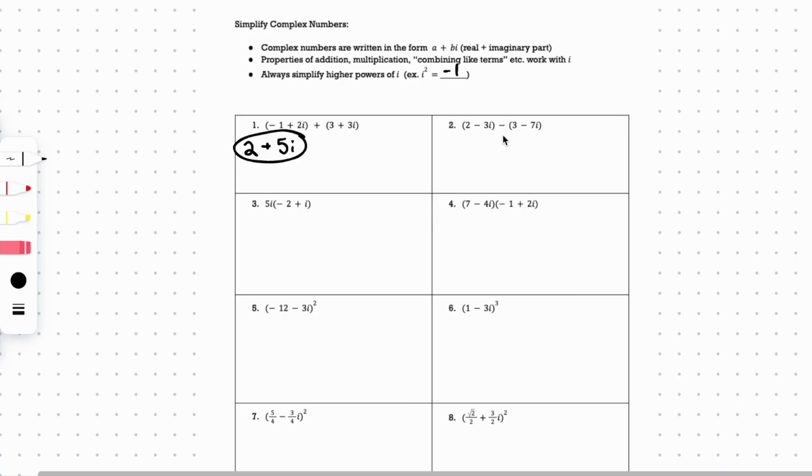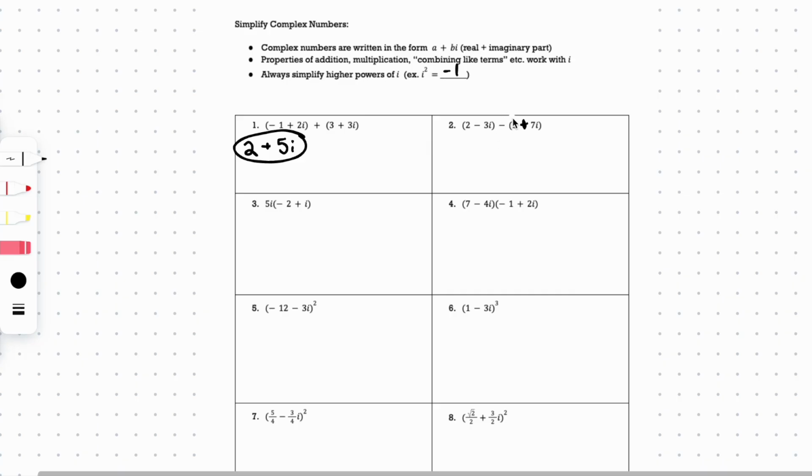In this case, we have 2 minus 3i minus, in parentheses, 3 minus 7i. When we have a negative sign out in front of a parentheses, we always want to be careful. So I'm going to distribute that negative sign. So it's -3, and then it's going to be plus 7i.